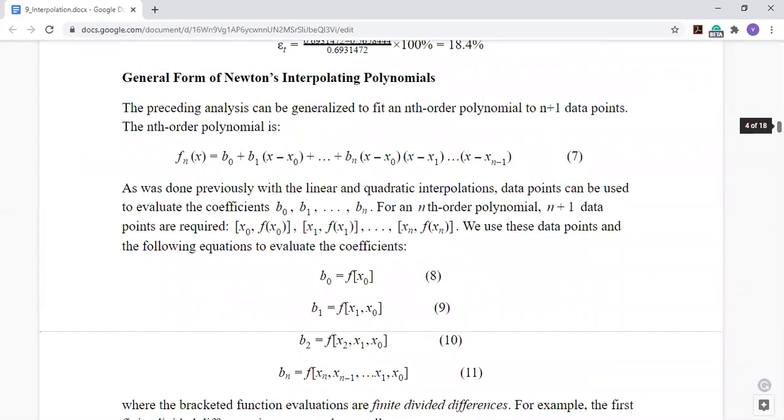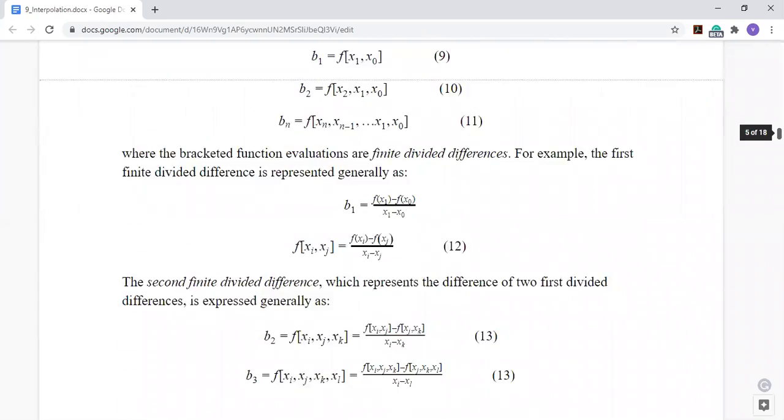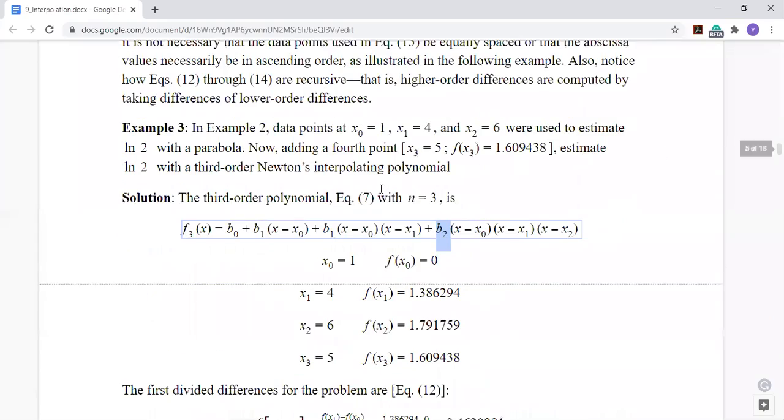For the second order polynomial, this one is supposed to be B2, then this is going to be B3. For a third order polynomial, we are given 4 data points, so we need to get B0, B1, B2, and B3.